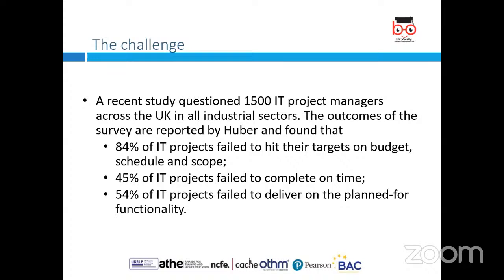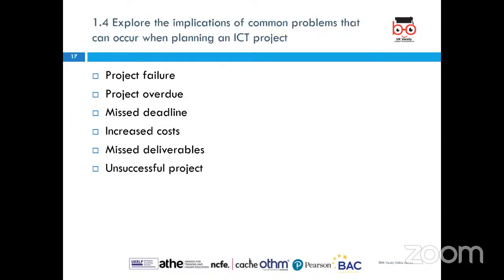We can also see 45% of IT projects failed to complete on time, and 54% of them failed to deliver on the plan for functionality. So they might fail on the scope, target, or even on budget due to circumstances.